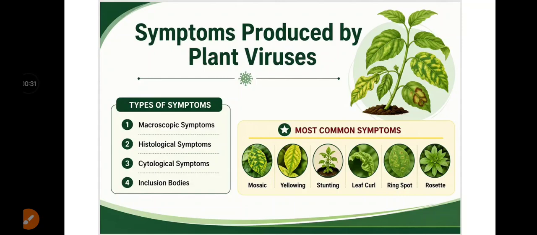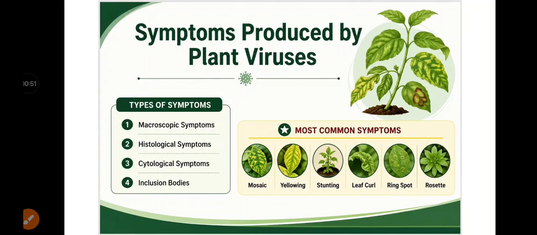Symptoms are the visual manifestation of the microorganism, or you can say the virus, on the plant, because at the cell level we can't see how the virus is affecting the metabolism, cell structure or cell functioning.